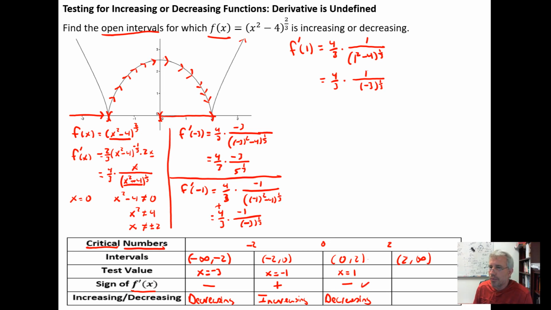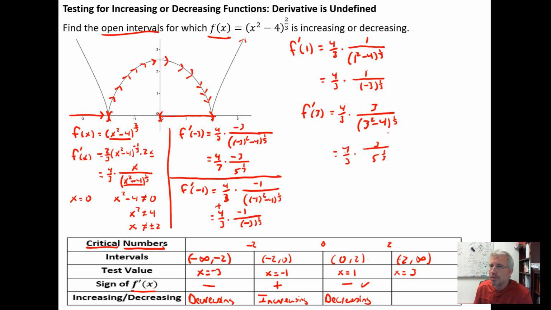So the final one, we have the open interval from 2 to infinity. 3 is in that open interval. Evaluate the derivative at 3, which will be 4/3 times x, but x is 3, divided by x squared minus 4, all to the 1/3, which is going to equal 4/3 times 3 over 9 minus 4 is 5 to the 1/3 power.